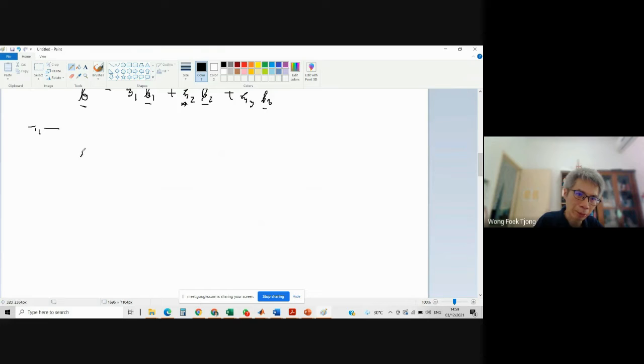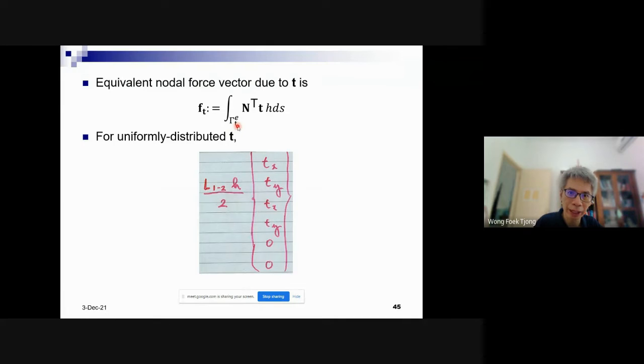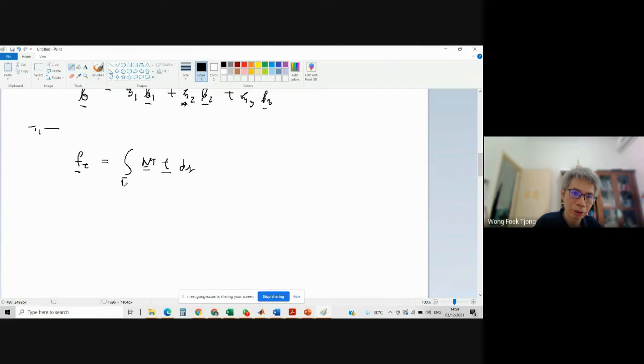The equivalent nodal body force due to traction force. How to calculate using this formula? N transpose times the surface traction or edge traction. This is the integral, not the area integral, but the integral along the line, so this is ds, along the line on which the traction acts.